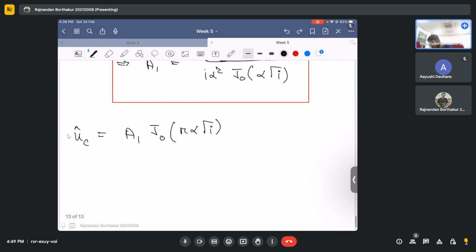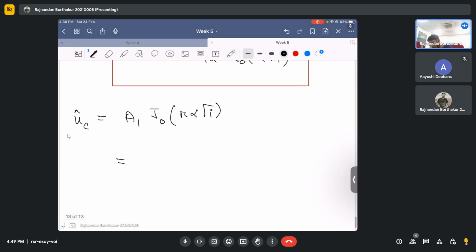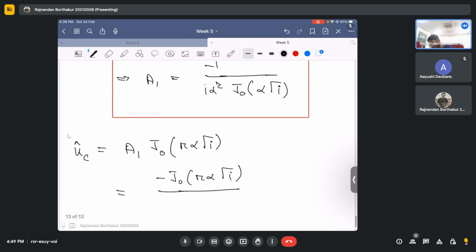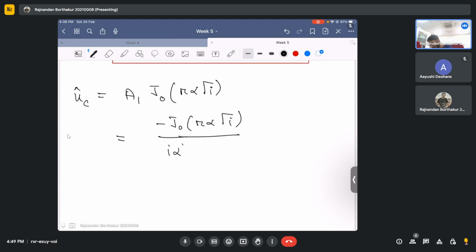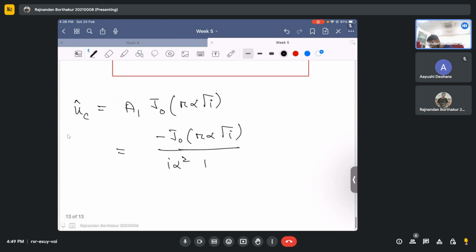So if I substitute A1 here, it becomes minus J0 of R times alpha root over I by I alpha squared times J0 of alpha root over I. This was the complementary function. Of course, these will be R bars.